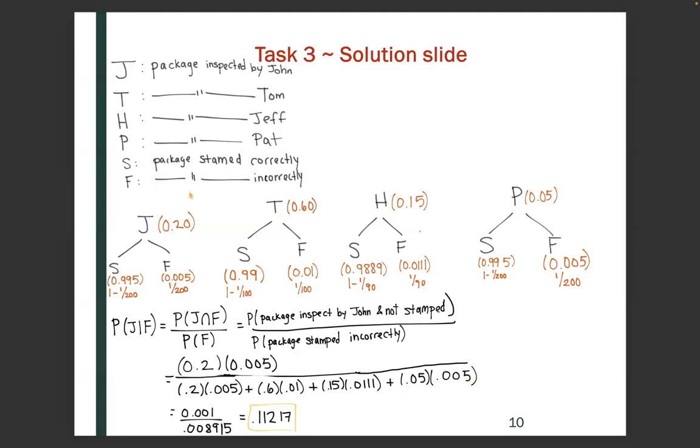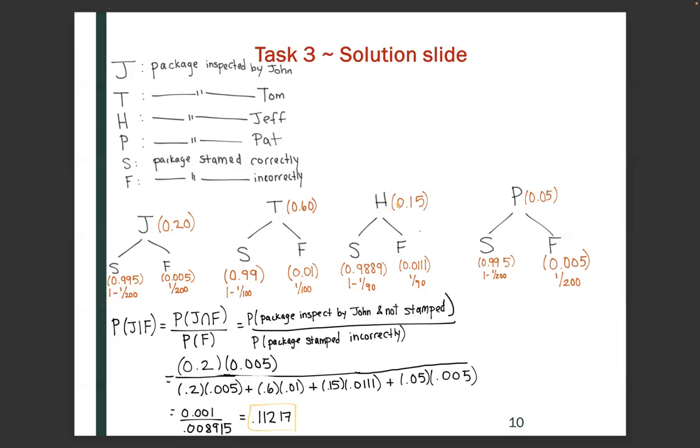So we're going to add all of the situations that we have. So we have 0.2 for John times 0.005. And then we're going to add that to Tom's situation where we have 0.6, that's the chance that Tom had inspected the package, times the probability that he failed to stamp it correctly, so 0.6 times 0.01.